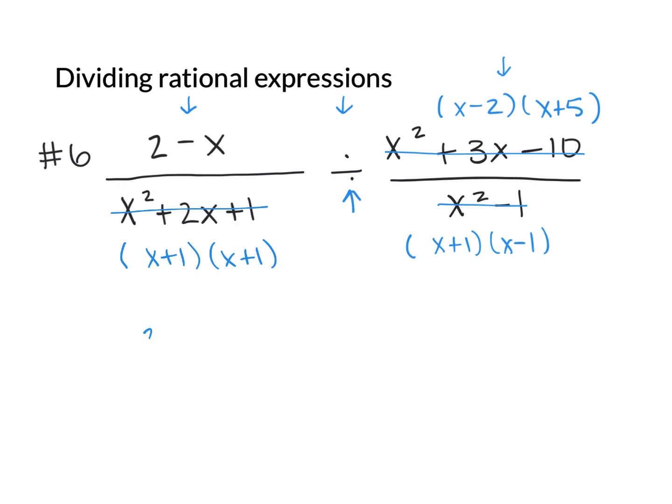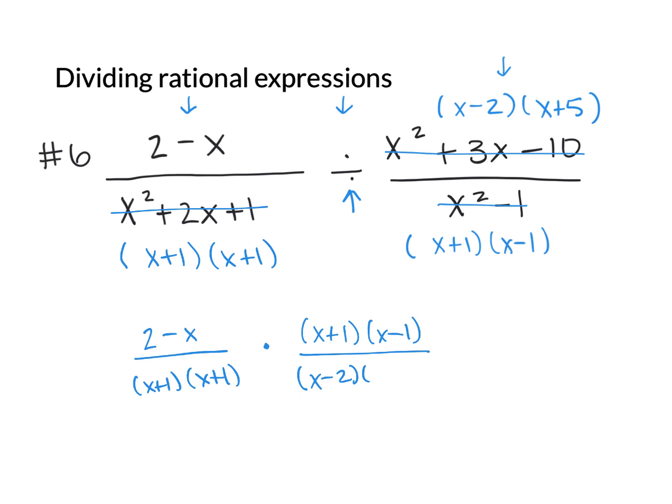So we're going to keep this one the same, 2 minus x over x plus 1, x plus 1, times, we're going to flip this second fraction, x plus 1, x minus 1 over x minus 2, x plus 5. Now we can just multiply across after we cancel.